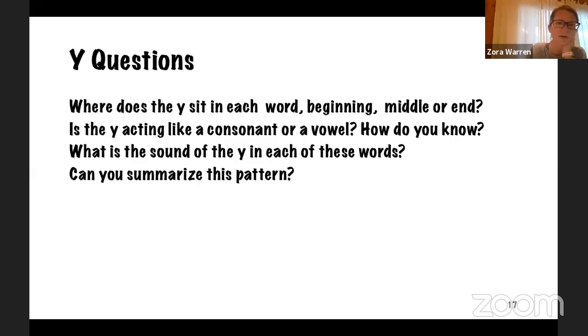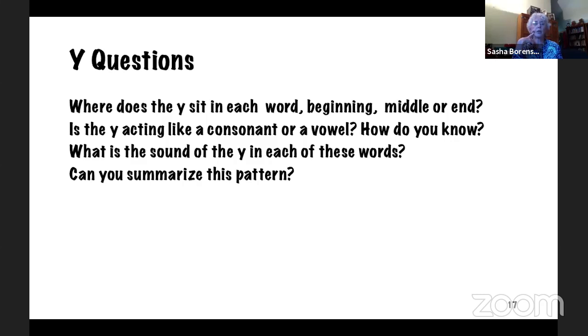I guess, so where would it, I'm just trying to think about what that would look like. Let's say you're starting in kindergarten, you're going through this. So where would that fall? Like from kindergarten to third grade? Okay. In kindergarten, I probably would only talk about Y at the end of a one-syllable word.